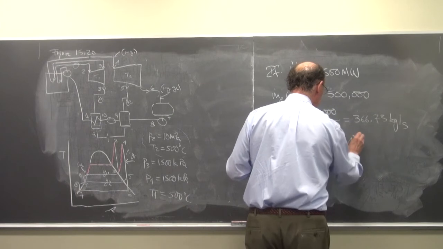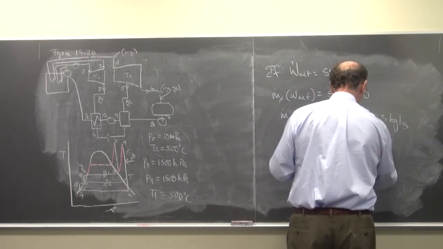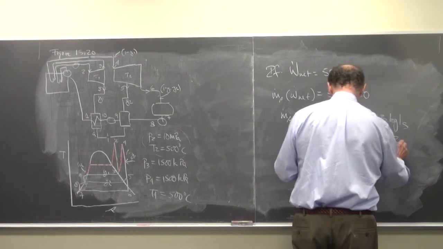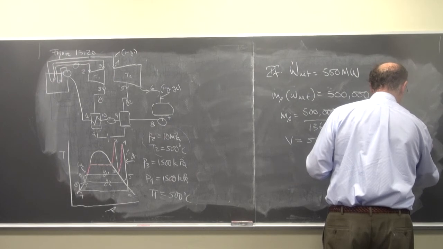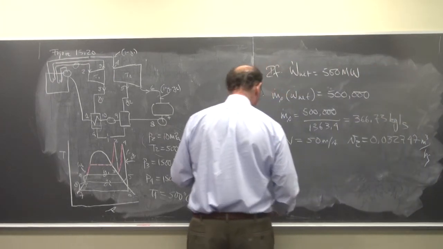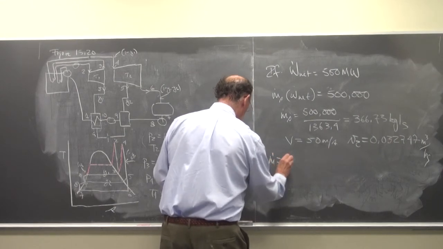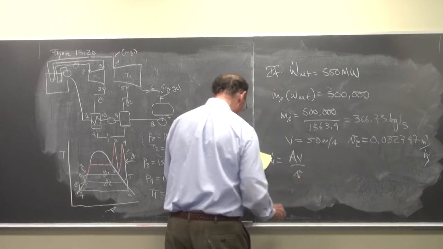And I could look up the specific volume v2, which is 0.032747 cubic meters per kilogram. And the mass flow rate is equal to the area times the velocity divided by the specific volume.